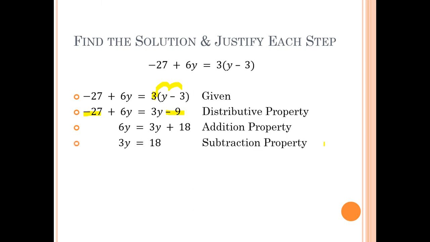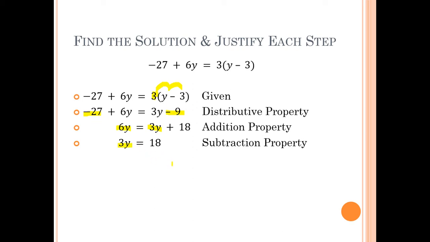The next step in solving, we have to subtract 3y from both sides because we're trying to get all the y's onto one side, over on the left side. So we're going to subtract 3y from the right, and we're going to subtract 3y from the left, and we'll end up with 3y on the left here.